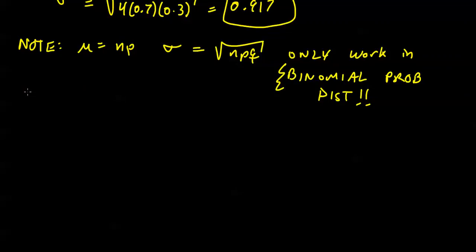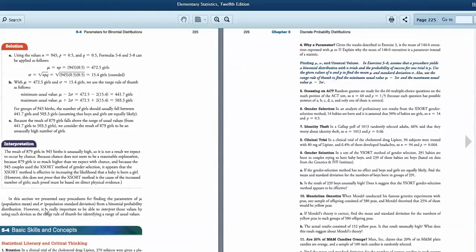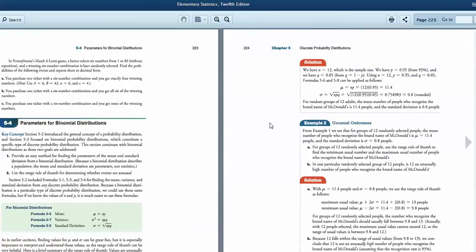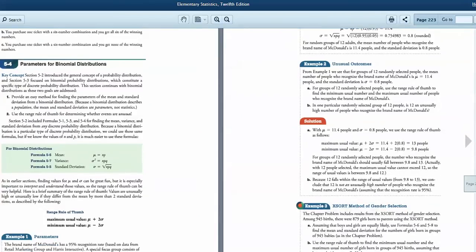Let's look at example 1 on page 223. Let's see, can we read this here? Example 1 on page 223. Scroll down here, get the textbook here, you can probably see it on the screen here.